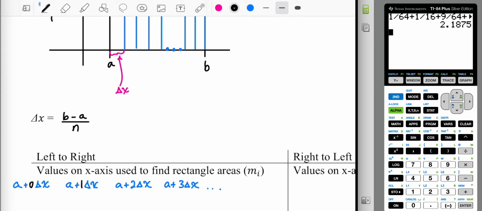Now the question would be, how many delta x's would we have when all is said and done? Well, we have n subintervals, right?